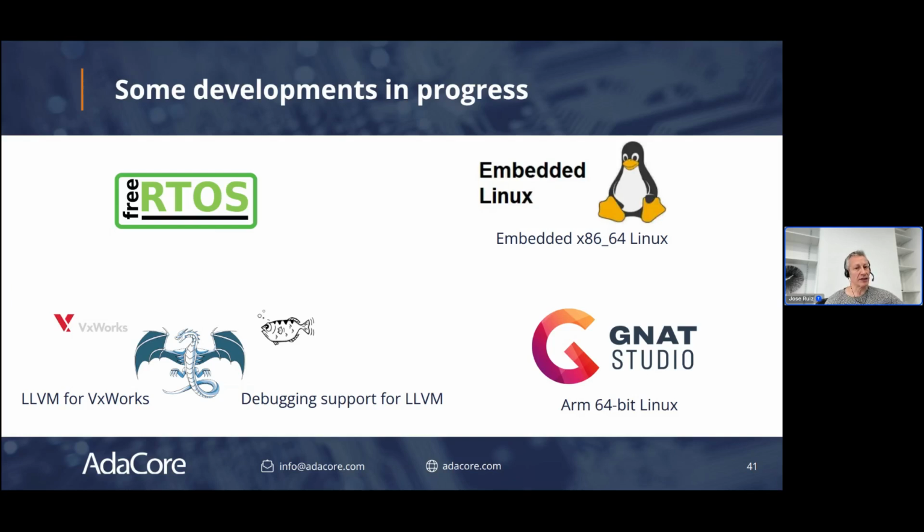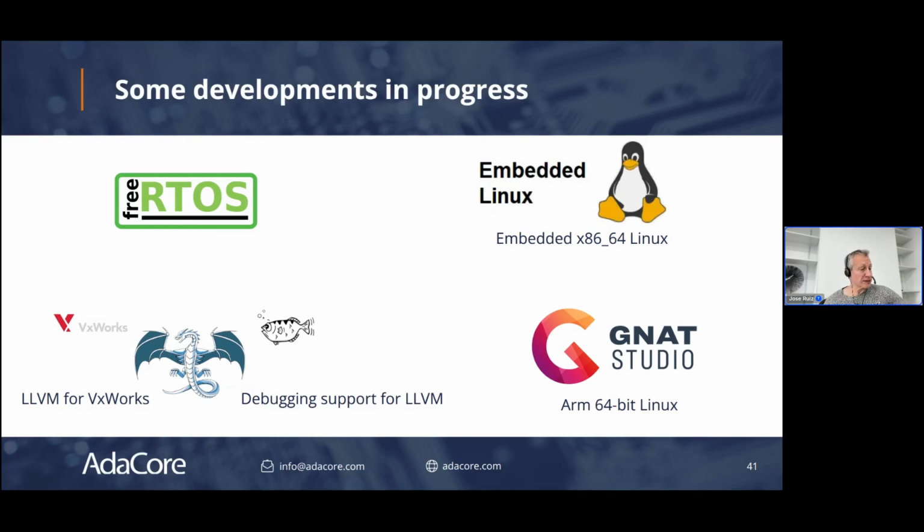And there is a strong push on the debugging technology, debugging support on top of LLVM. And finally, as I mentioned, we added support for ARM 64-bit Linux on the compiler side. You will be able to use GNAT Studio on such a platform.